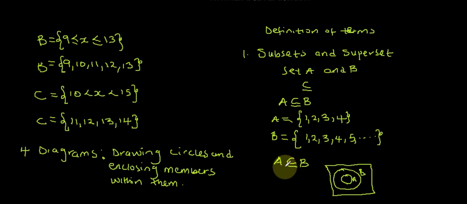Now supersets. When we are talking about a superset, here we can say B is a superset because it is in B that A finds itself. So B here is the superset of A. So this is one of the terms I want us to get.